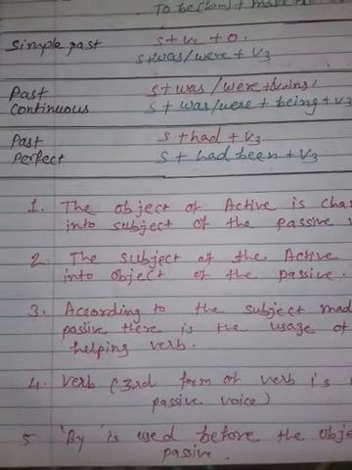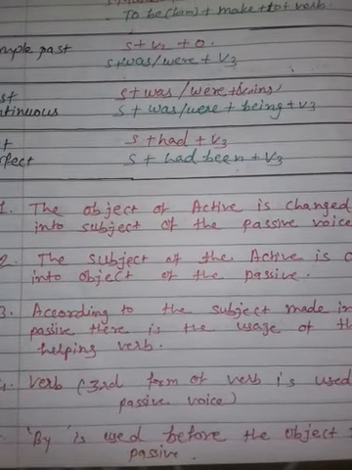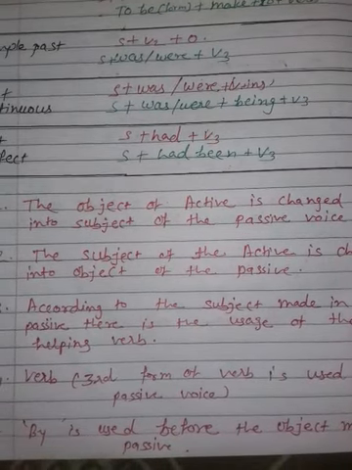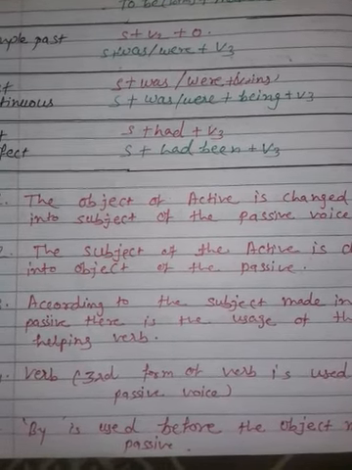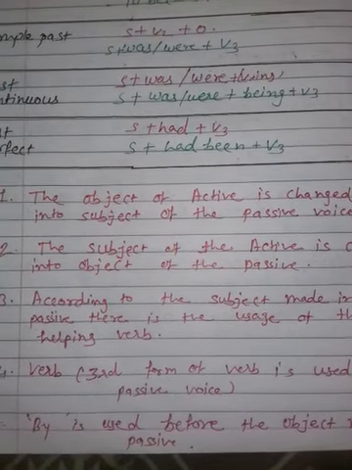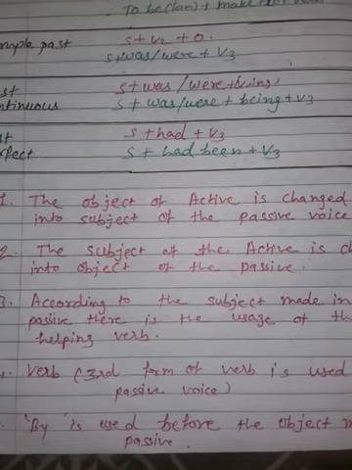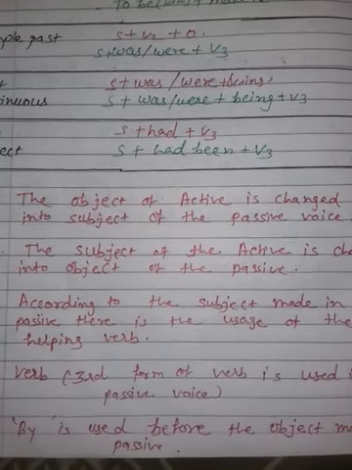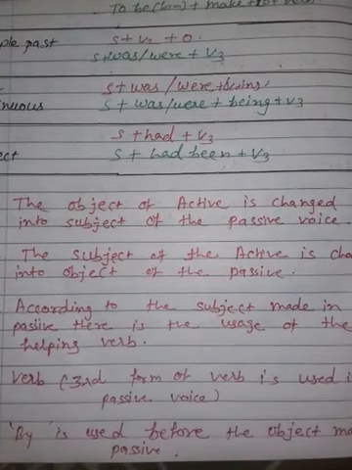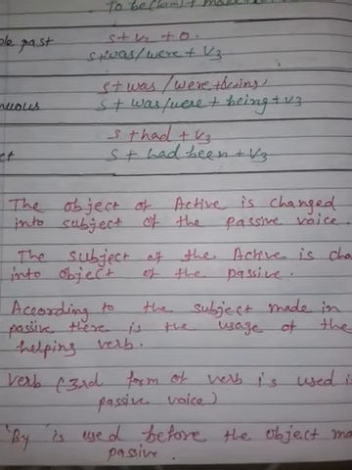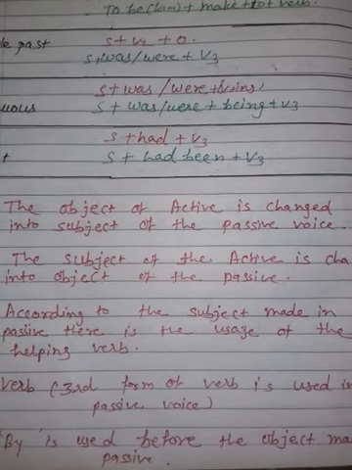So here are some rules. The object of active is changed into the subject of the passive voice, and the subject of the active is changed into the object of the passive. According to the subject made in passive, that means when we change the subject in passive, there is the use of the helping verb.